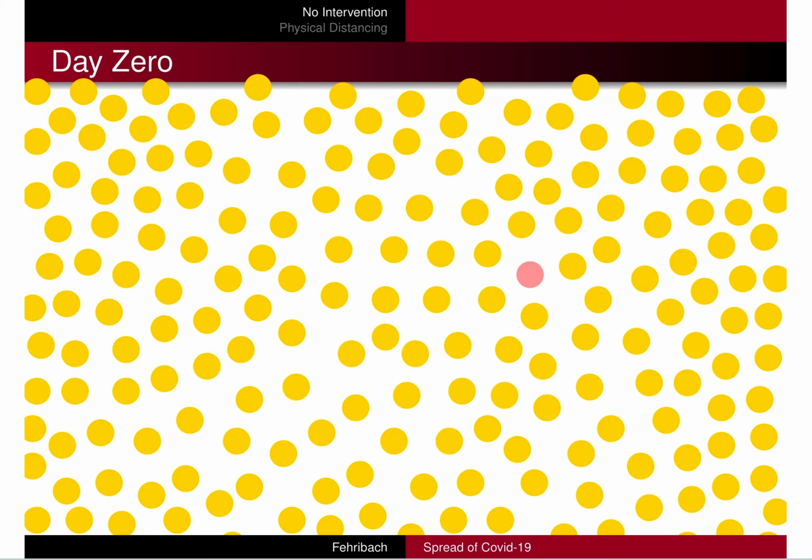The infected people are in pink in this video. The infected person may have picked it up traveling. I believe that in the case of Italy, the person did come from China, but they may have picked it up from going to work in the next town over, or in various other ways. But this is the first time the virus is introduced in the community.